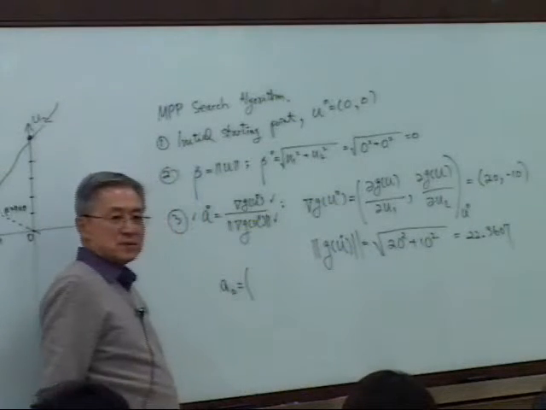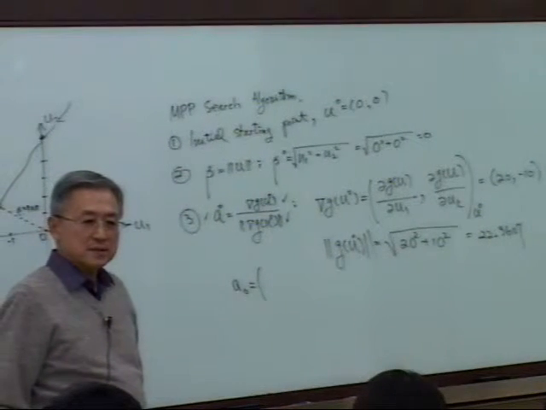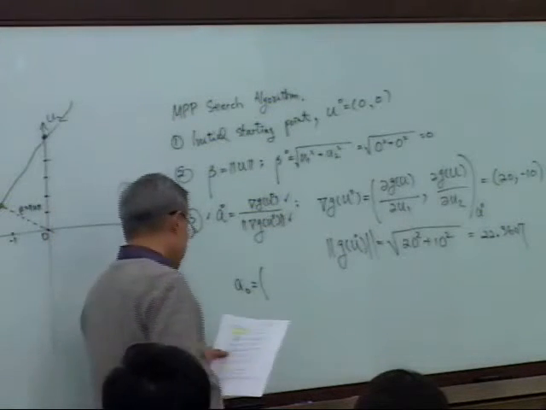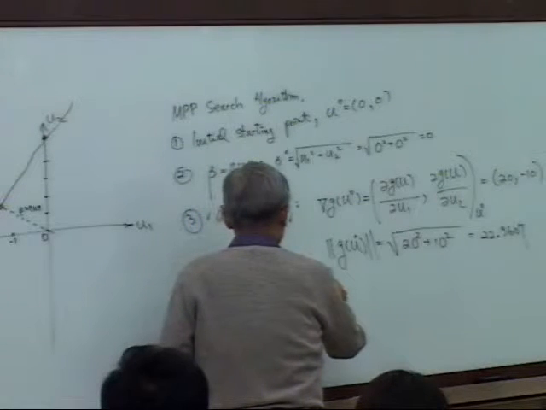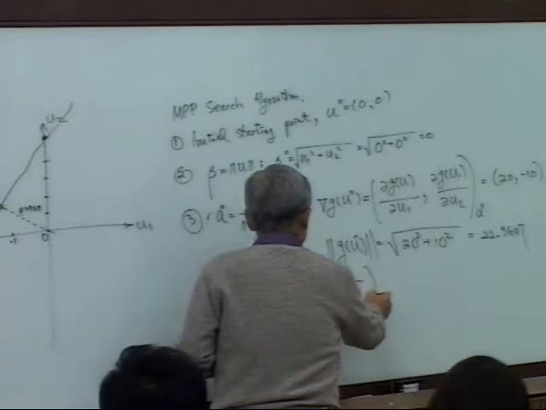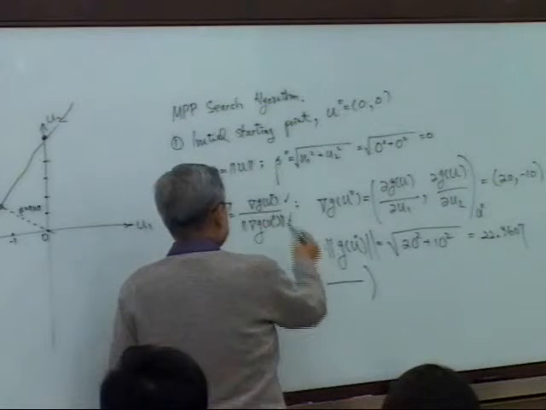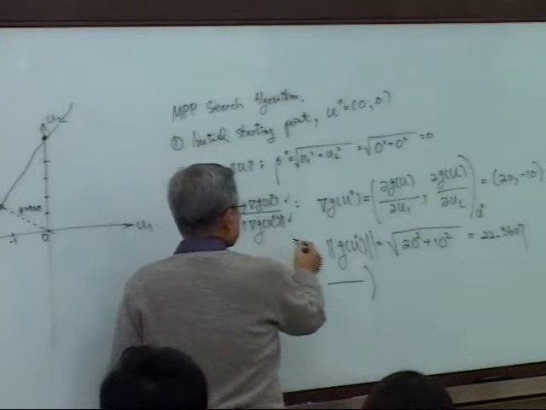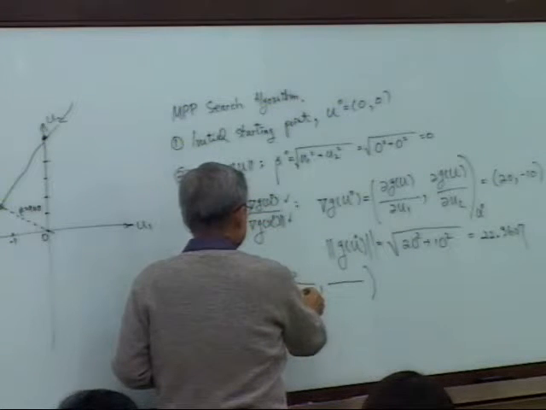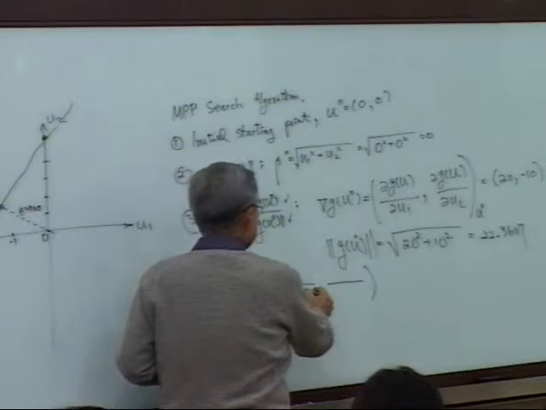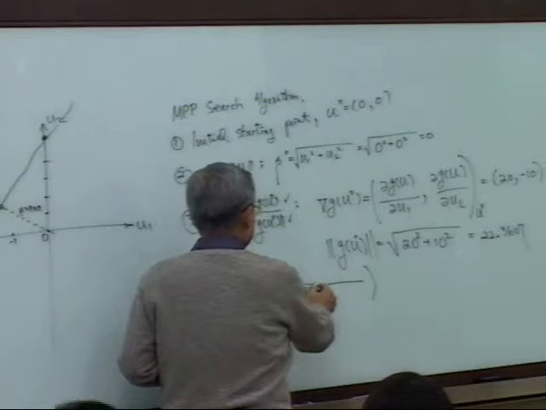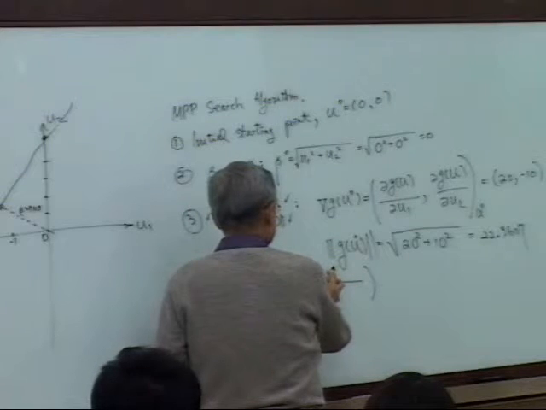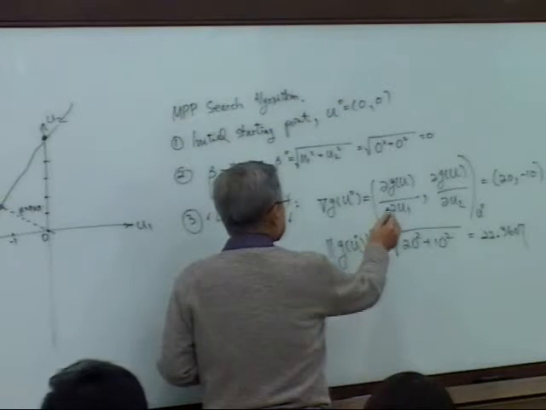How many components do you expect for A naught? 2 components, u1, u2. The first component is 20 over 22.3607. The other component is minus 10 over 22.36.